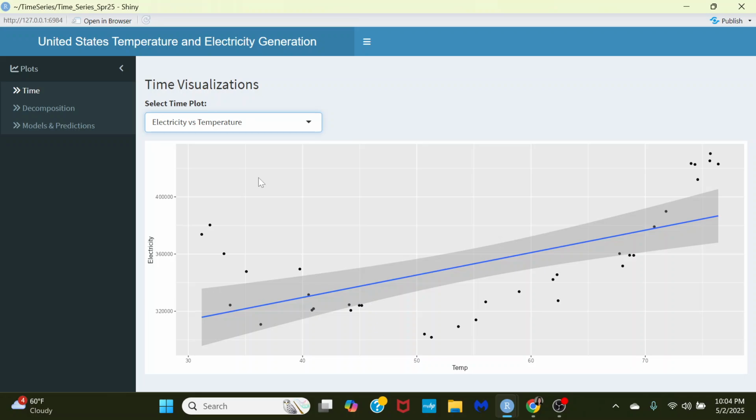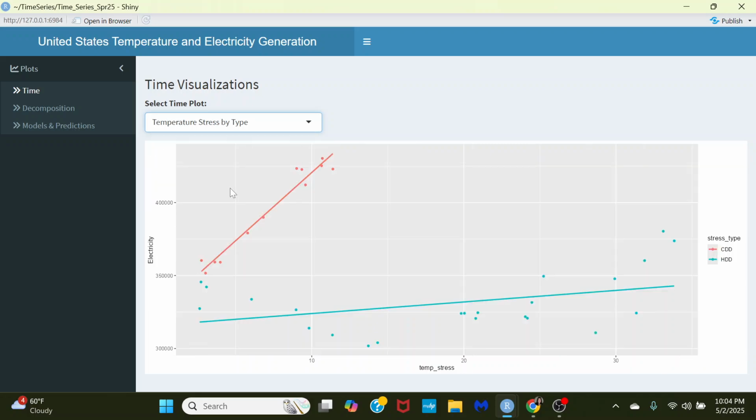So in order to split that out into two functions, we split it into heating degree days and cooling degree days, defining them with a delineating point of 65 degrees: 65 or over would be cooling degree days, and under 65 would be heating degree days.